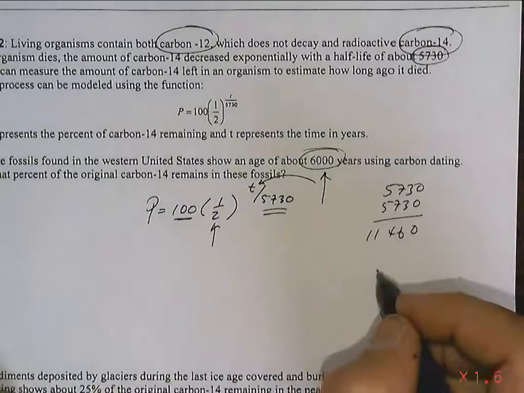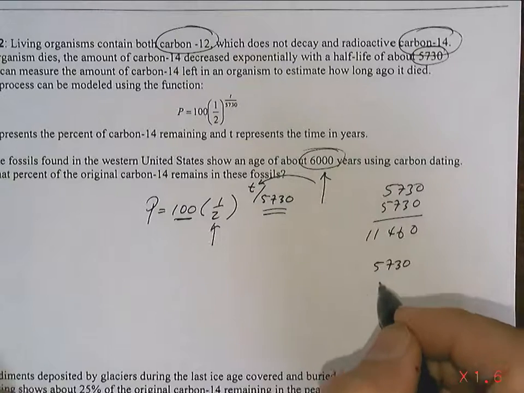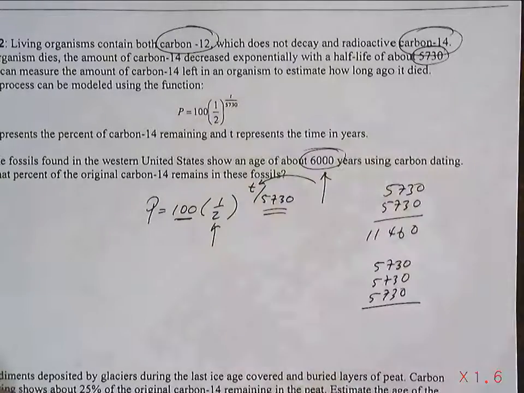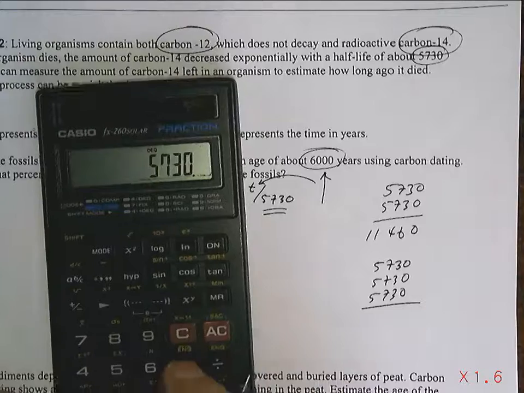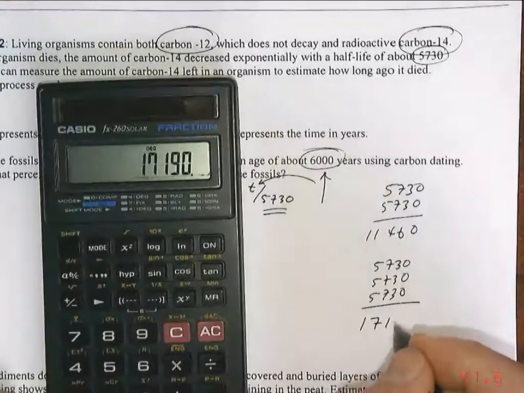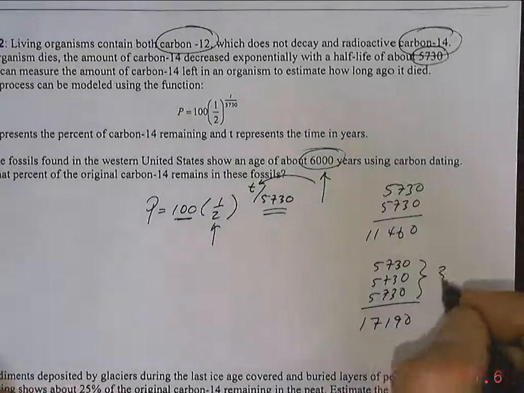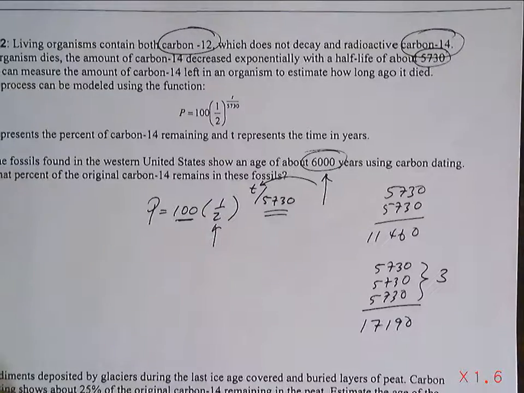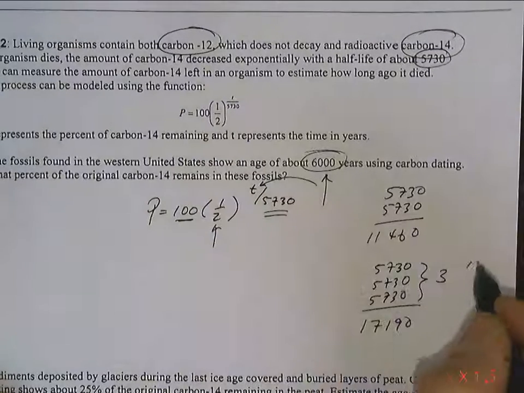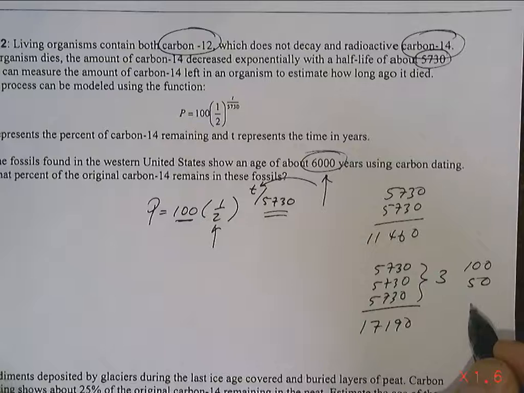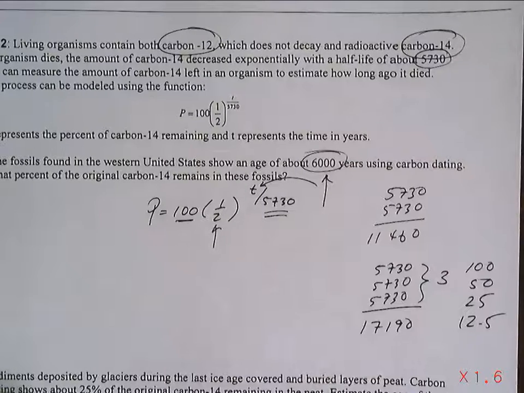If we thought that it was 5,730 times 3, if we thought that it was 17,190 years old, well, that's 3 half-life periods, isn't it? So we would expect the first half-life to take us from 100 to 50, our second half-life to take us from 50 to 25, and our third half-life to take us to 12.5% remaining. Do you see how that's working now?